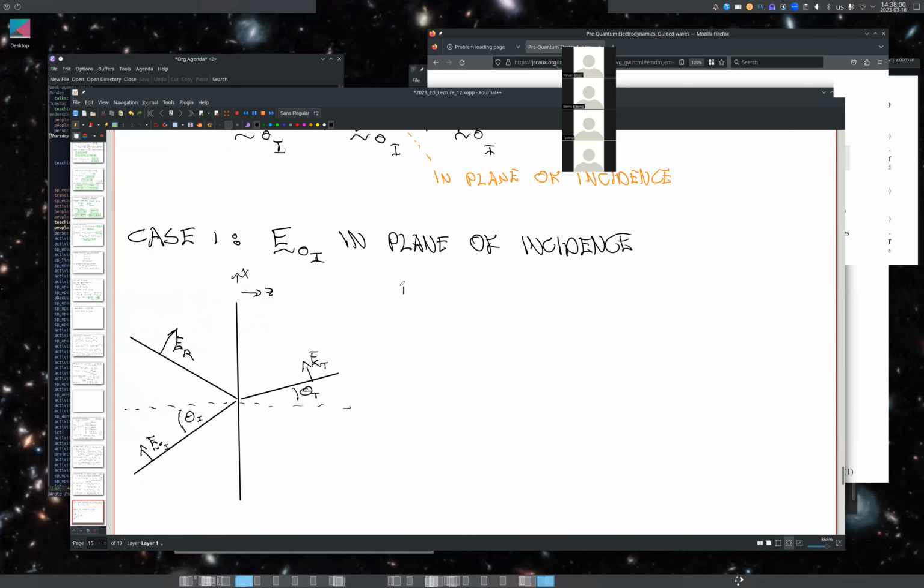What we get from equation 1 is that in the first medium, I'm now measuring the electric field along the z-axis.